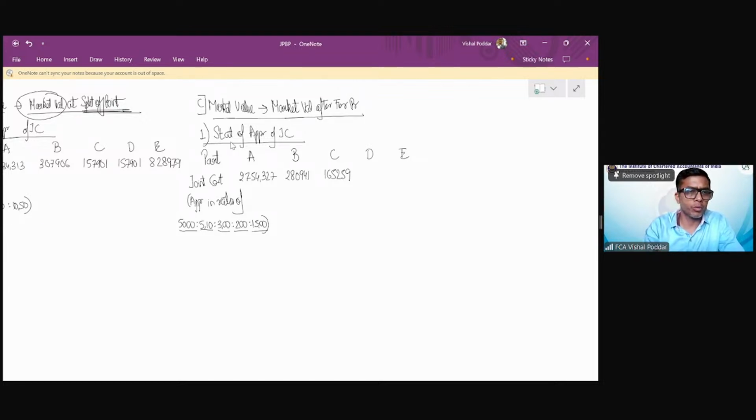Now that is going to be a routine to find out all these 3-4 things. So these are the joint costs. Now go ahead to find out profits.